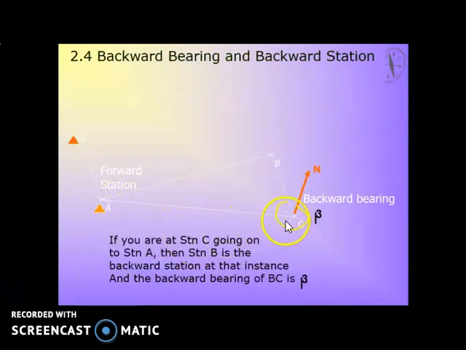So if you are at station C and your next station where you are going to place your total station is station A, and the previous station where you have located the total station was station B, then the backward bearing of the line BC will be equal to the angle beta.